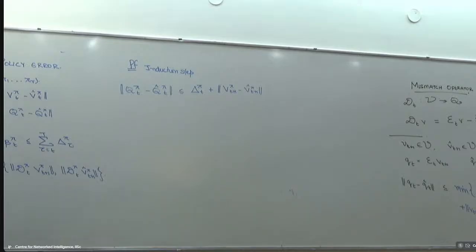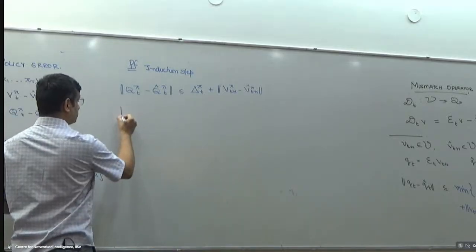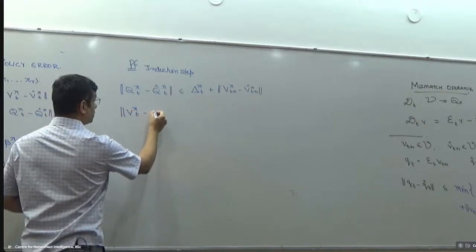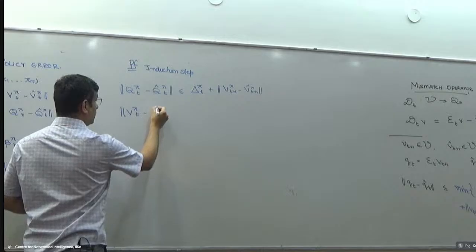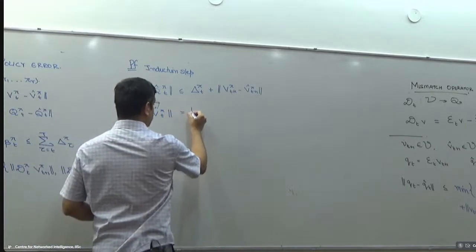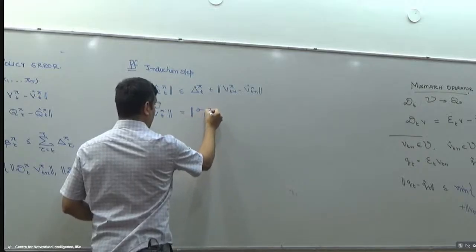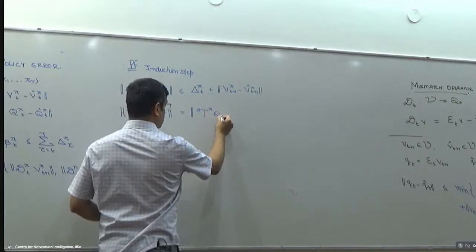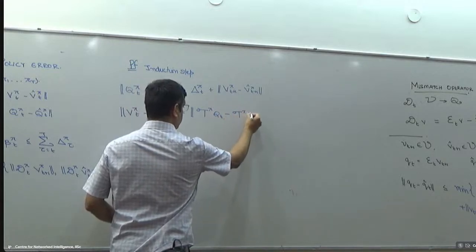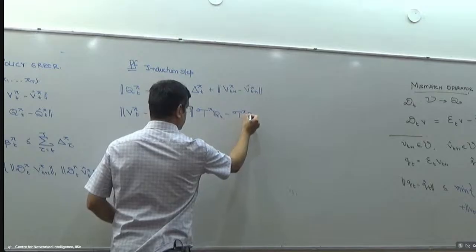Alpha is less than beta just because when I look at v pi t minus v hat pi t, note that this is equal to T pi t of q t minus T pi t of q hat t.